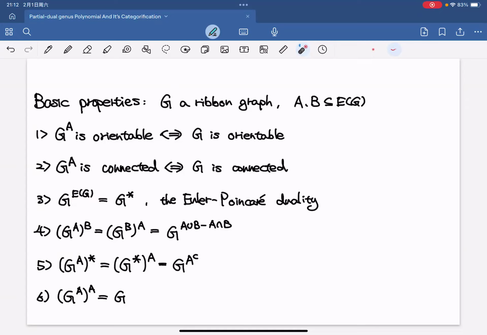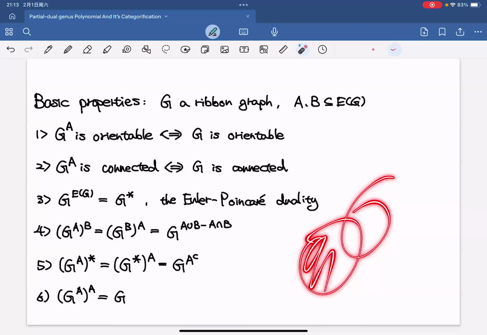Yeah, the classical dual. And if we choose two subsets A and B, we can take the partial dual for A first and next for B, and we see that there is some commutativity here, and the result is nothing but to take all the vertices in this set.